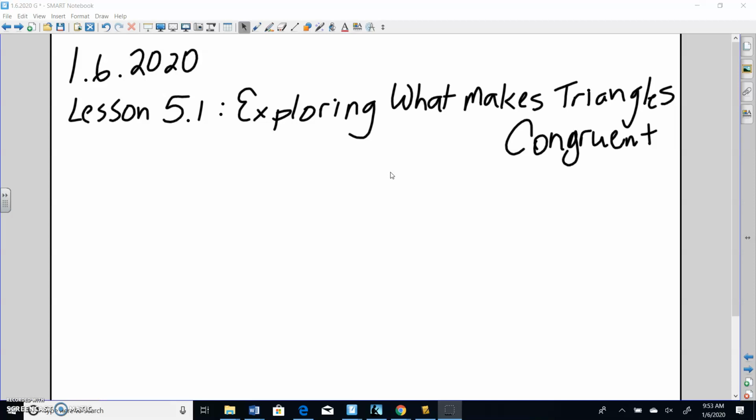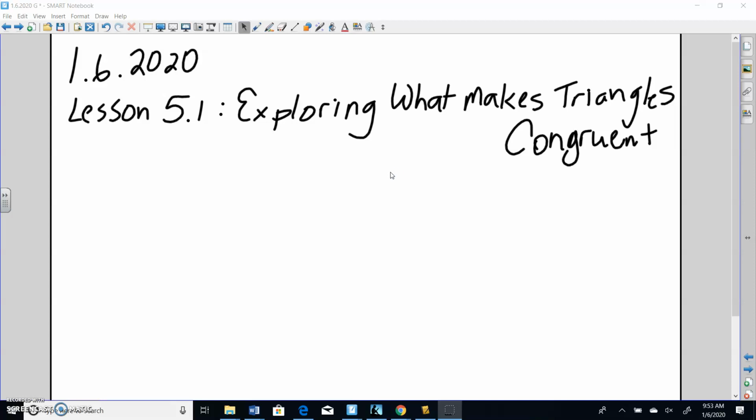Something CPCC, congruent parts, corresponding parts of congruent figures are congruent, okay? So that's what allowed us to say that those parts were congruent. Those angle pairs and the side pairs were congruent because of the postulate: corresponding parts of congruent figures are congruent. Now we're just going to be working with triangles.